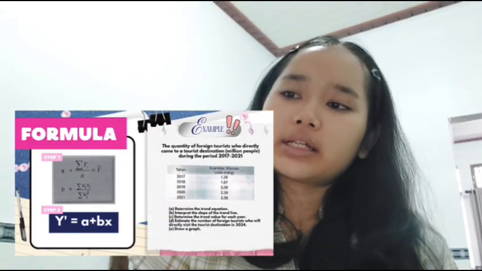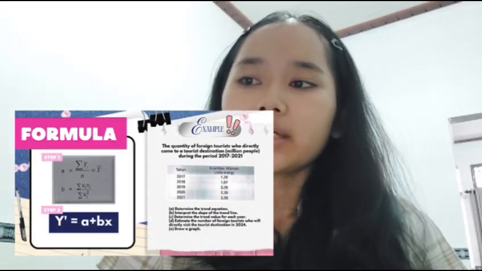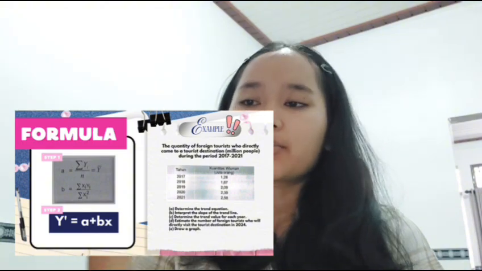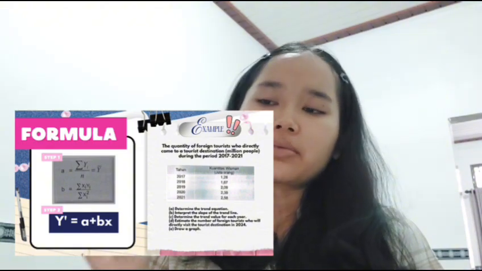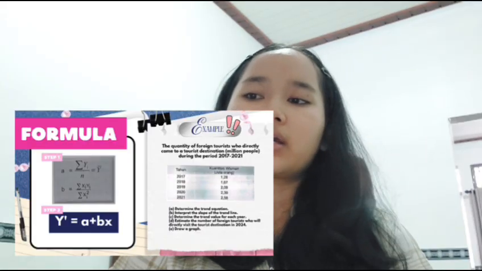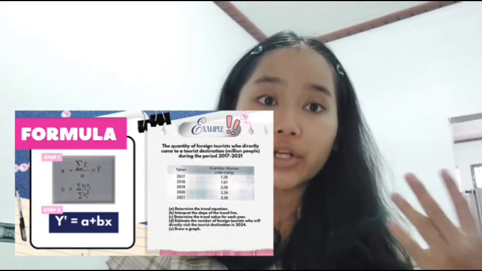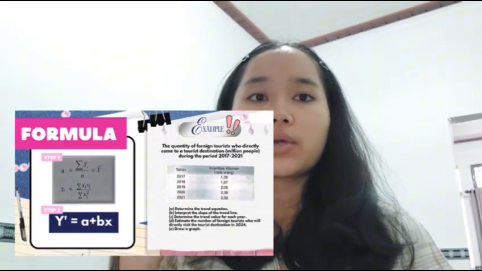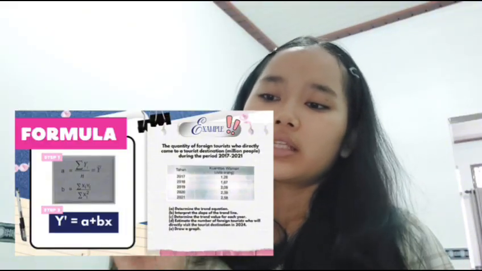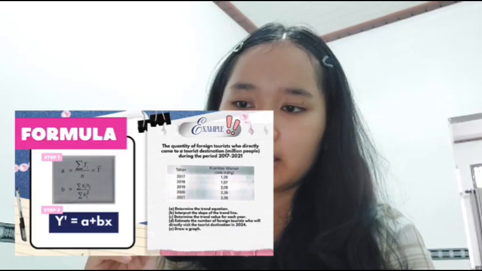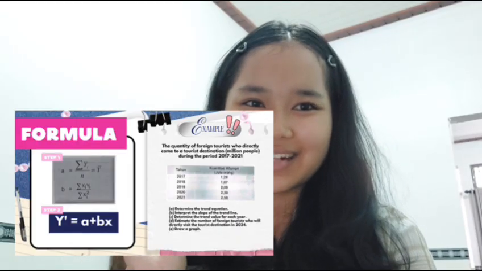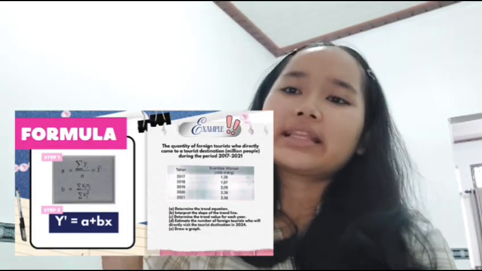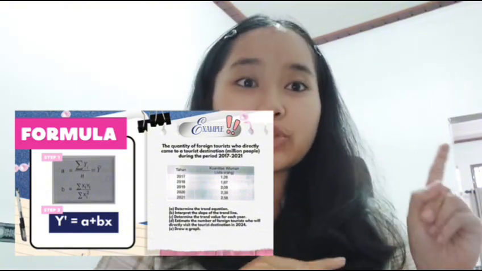The formula: a is the average of y, and b is the sum total of xi times yi, divided by the sum total of xi squared. Once we know a and b, we put them into the trend equation.